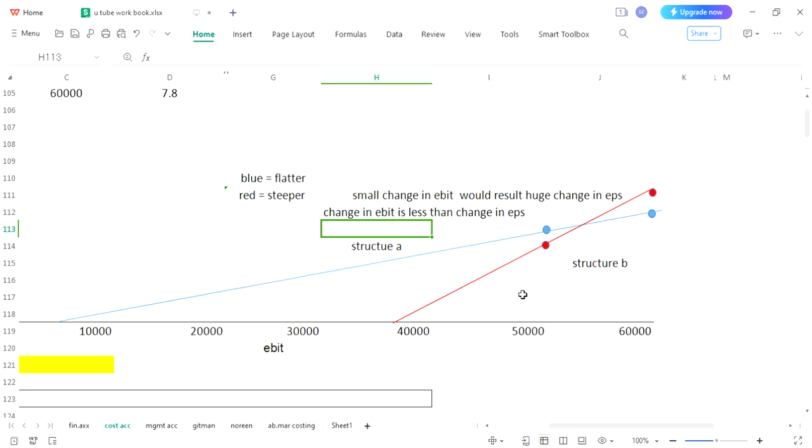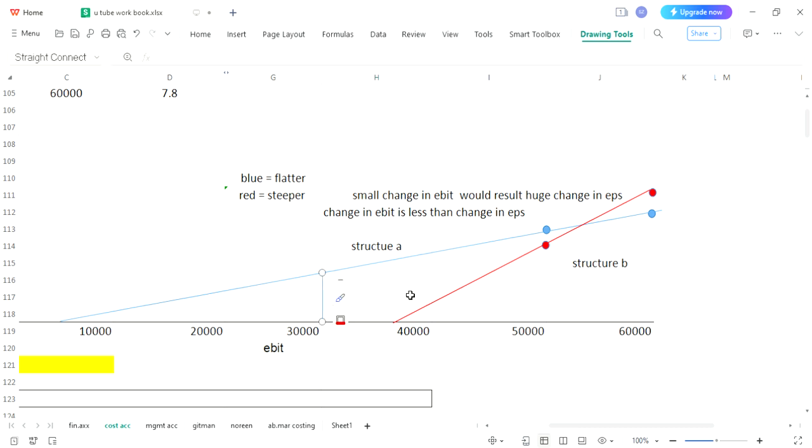Actually, I want to make it more clear. For that, let's choose some lines. Let's make the first change. From here, you have made your first change, and the second change was made over here. This is your second point. Let's change this blue point over here and over here.